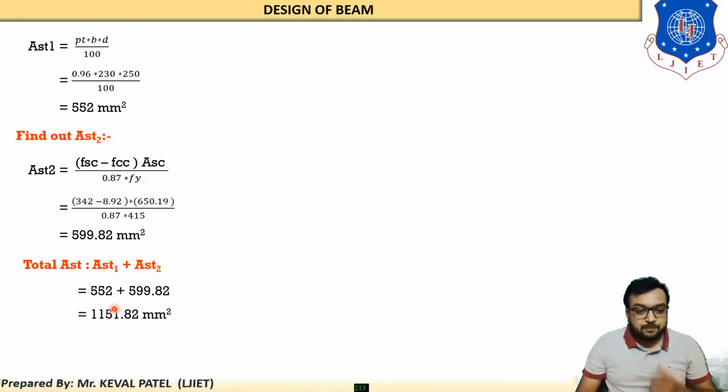So students, our minimum Asc is 650.19 and our minimum Ast is 1151.82. We have to provide more steel than the required Ast and Asc.